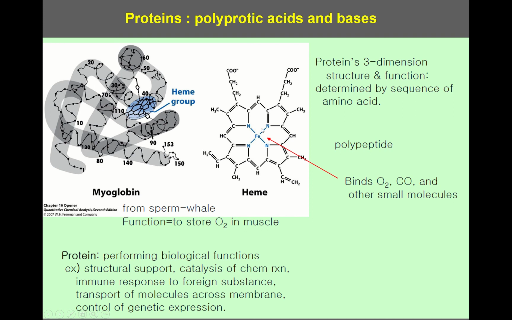Inside the structure there is some space where the ion is coordinated through nitrogen atoms. So this porphyrin structure itself is quite planar.